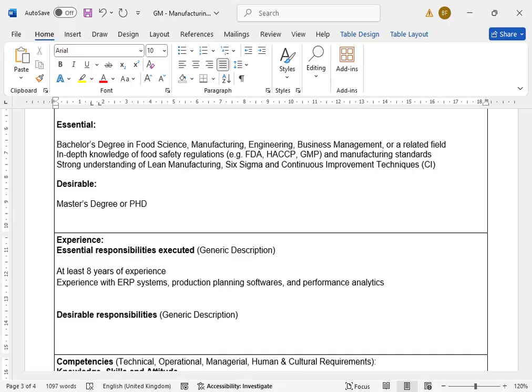Because if you have more years of experience, then your job size will increase, or the grade will go up. Therefore, the compensation will also go up. That's why they put more years of experience. But 8 years of experience in manufacturing or as a general manager is more than enough.